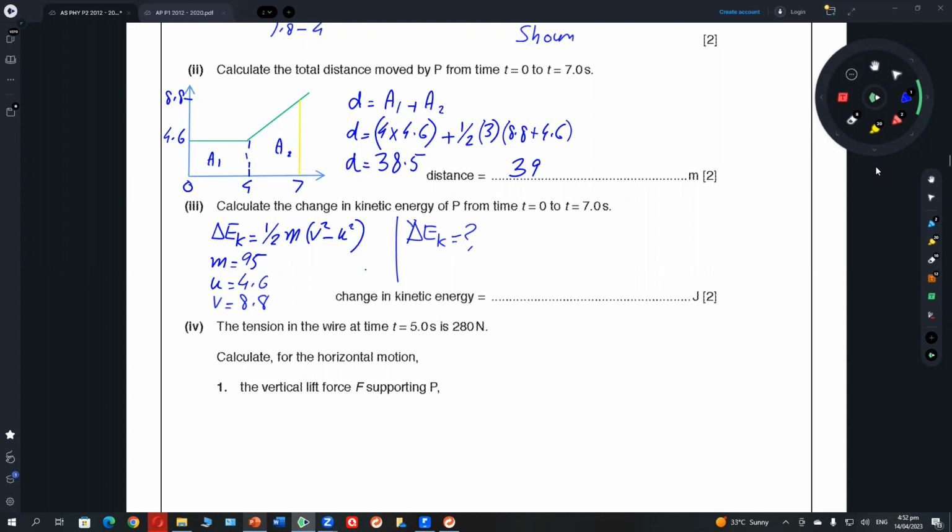So I have made the data, and now we need to find the change in kinetic energy. I'm getting 2.67 into 10 power 3.